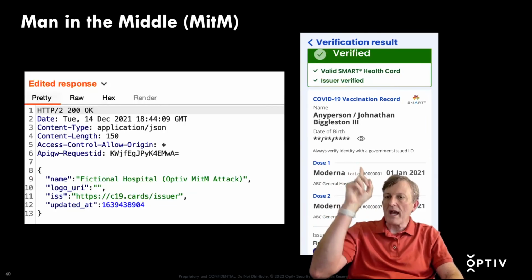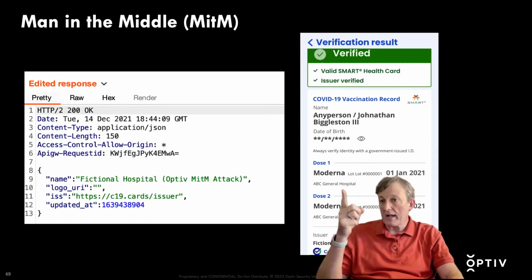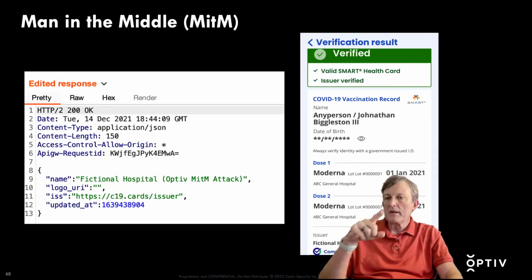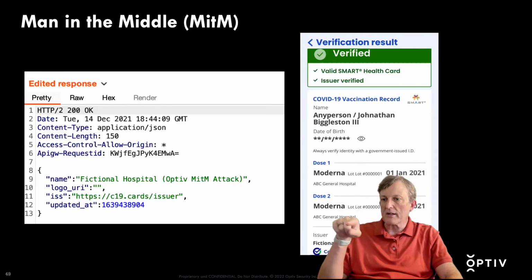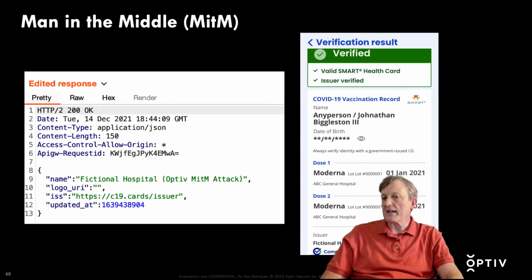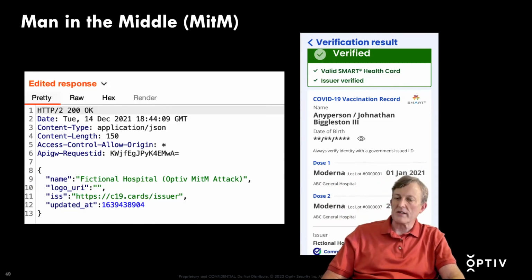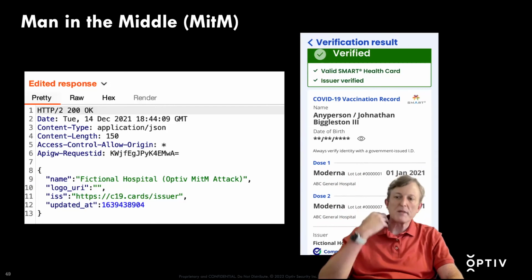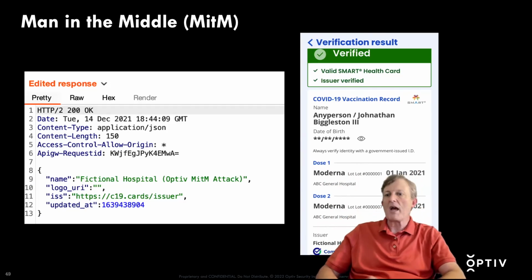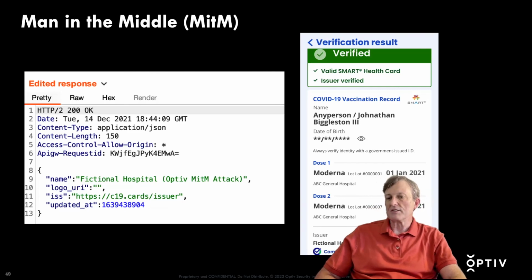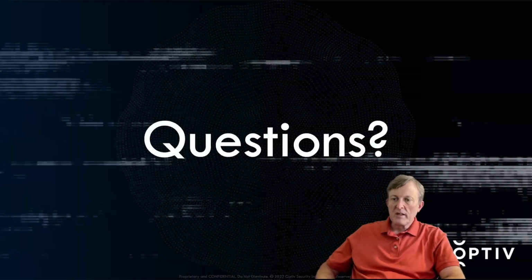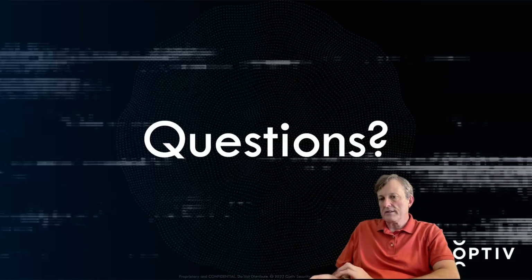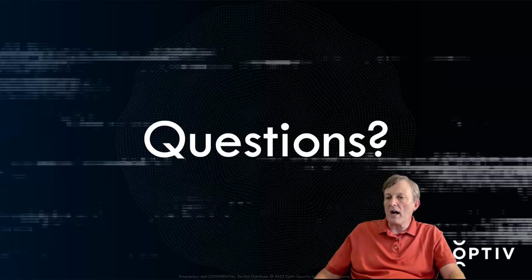But I could make the app say issuer verified, and I'd be running the real app. You can see the smart logo up there. And certificate pinning would get me around the verification. And this is something that a typical health code checker probably would not be able to detect why the app was misbehaving.